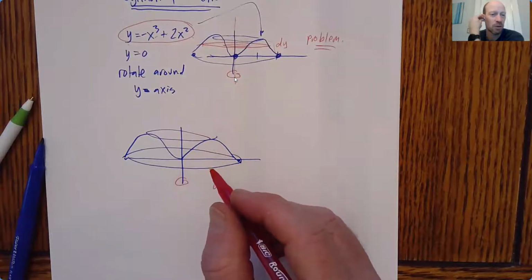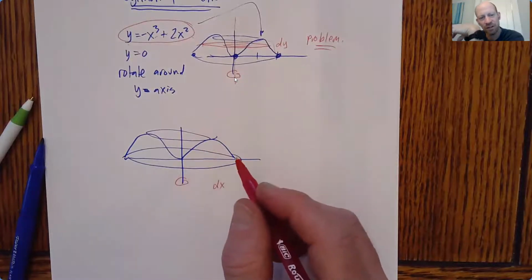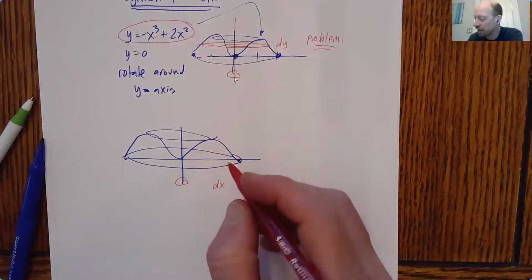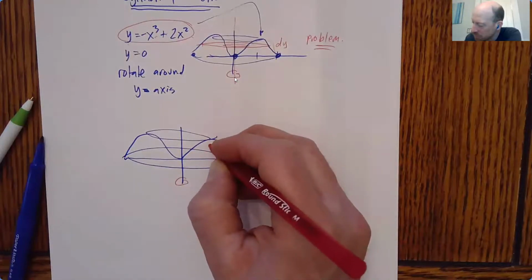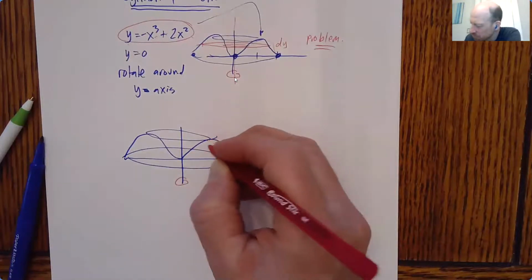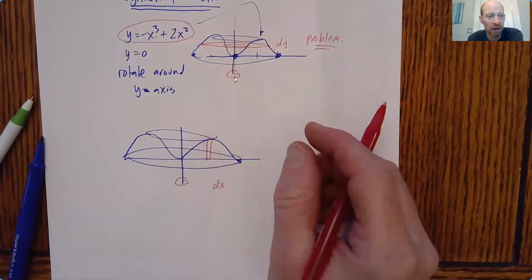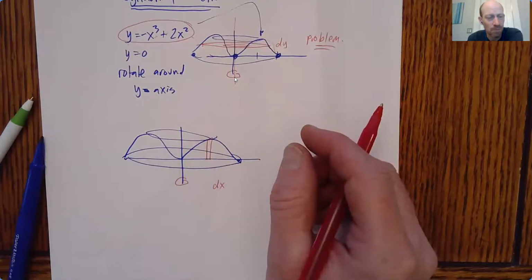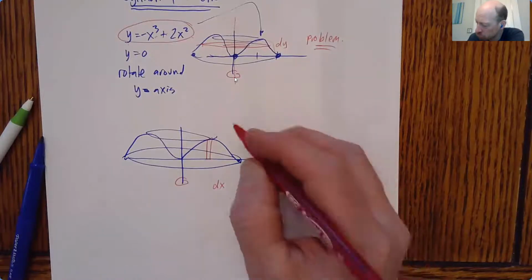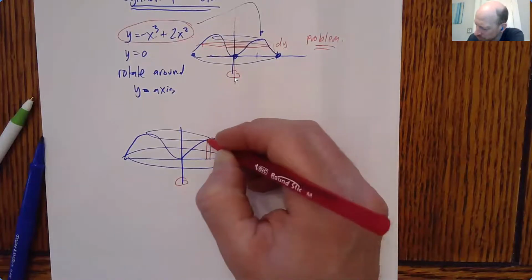So instead, we're going to take what's called a cylindrical shell. I'm going to imagine I take a little rectangle from my original area, and I see what happens as that rectangle gets rotated around.